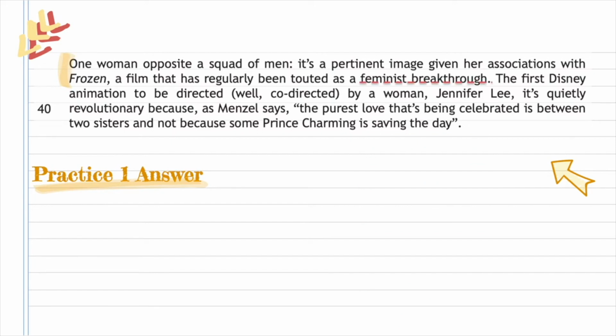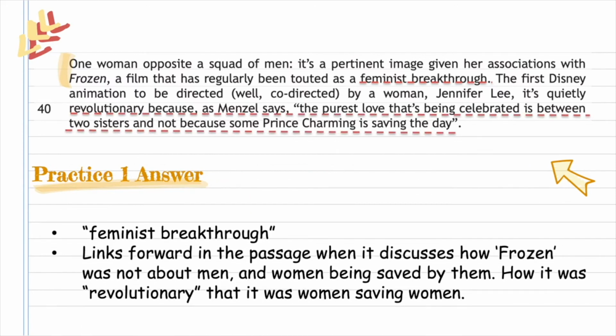I discuss the fact that Adina Menzel says that feminism was about 2 sisters rather than a Prince Charming. So I underline that, and this is when I quote it. So I quote, feminist breakthrough links forward in the passage when it discusses how Frozen was not about men and about women being saved, how it was revolutionary that it was women saving women.